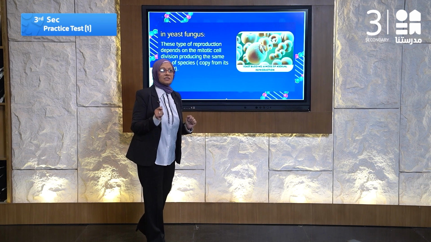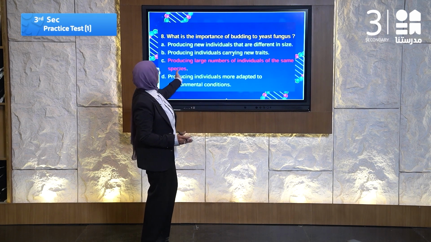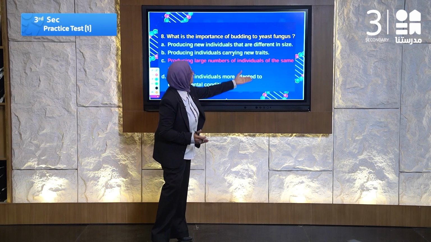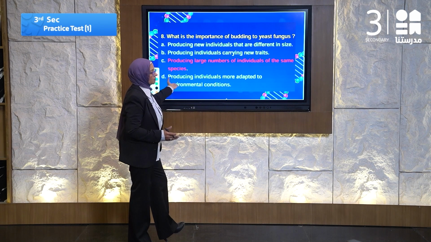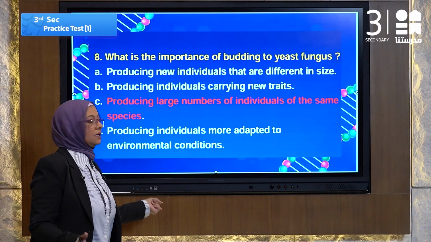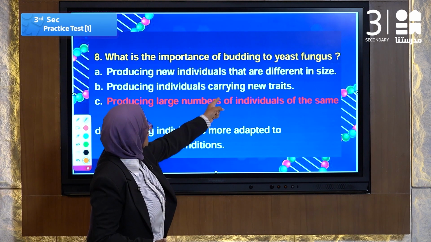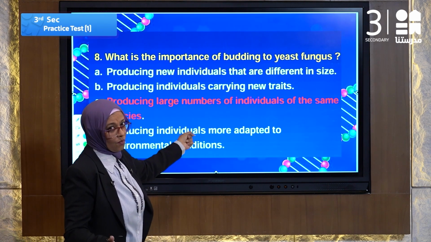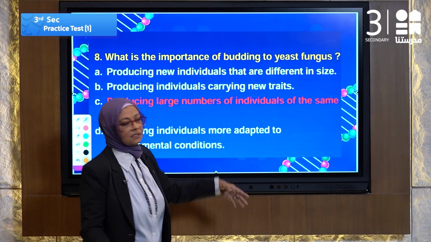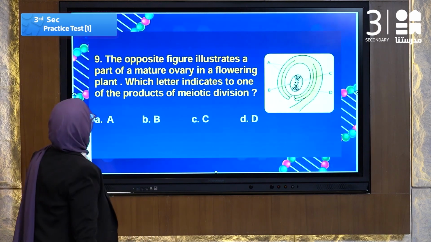It's asexual reproduction. So the answer will be producing a large number of individuals of the same species. Not different, because it's not meiosis, not sexual reproduction. Producing individuals carrying a new trait? No. Producing individuals that are different in size? No. That's C. Let's go to the other question.